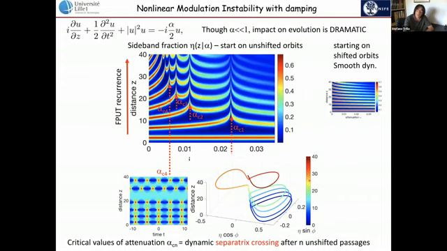That means nearly 10 units in terms of nonlinear Schrodinger equation. And this is the reason you see this increase in the length. And this occurs only if you start with the unshifted orbit, because you can cross from unshifted to shifted, but not vice versa. So if I start on the shifted orbit, the same plot is smooth.